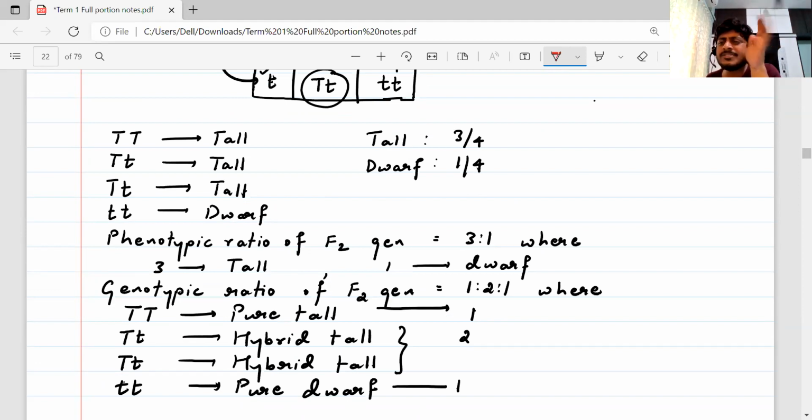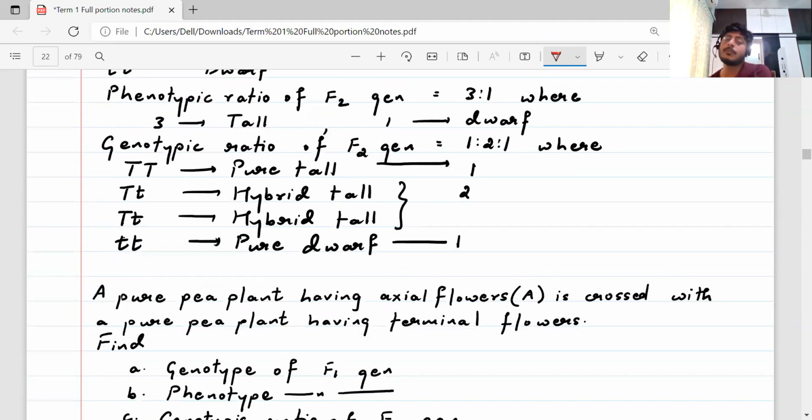In case you don't understand genes and alleles, both alphabets same, homozygous. Same matlab dekho, capital T, homozygous. Small t, also homozygous. Capital T, small t, heterozygous. So you found that one was pure, two were hybrid, and one was pure dwarf. So the genotypic ratio became 1:2:1.